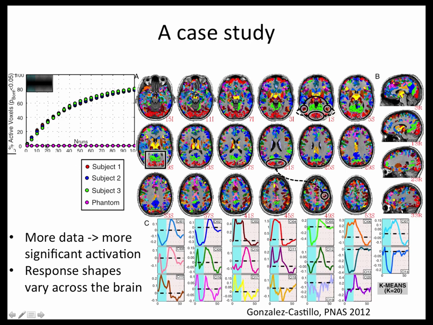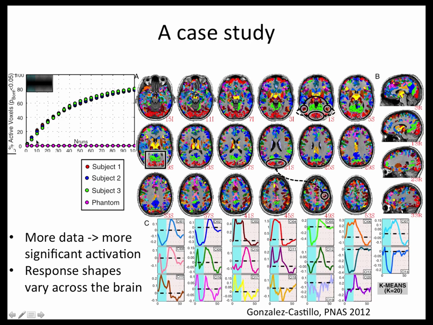And just to sanity check, this is a jar of oil that we put in there, and we essentially ran the exact same analysis on a jar of oil, and that doesn't happen. This is what's called a reviewer request. They asked whether, as you add more data, something in your statistics is increasing degrees of freedom and everything becomes significant. So we took a bunch of scans with an oil jar and showed that no, that's actually not the case.